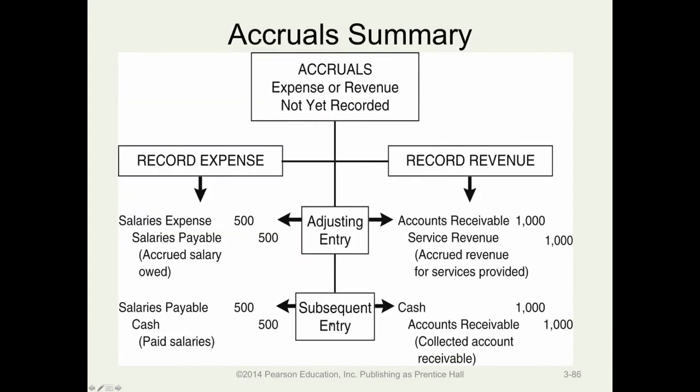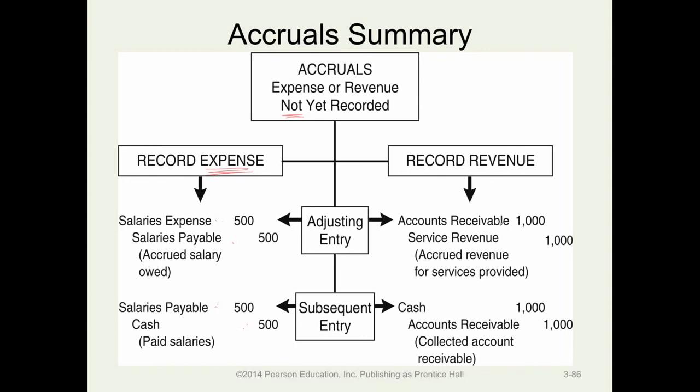Now, to summarize accruals, we'll take an example. And again, you've got previously unrecorded events. So none of these events are recorded. If you don't have an expense recorded, you're going to accrue it by debiting an expense and crediting a liability. And then when you pay the liability, you debit the liability and credit cash.